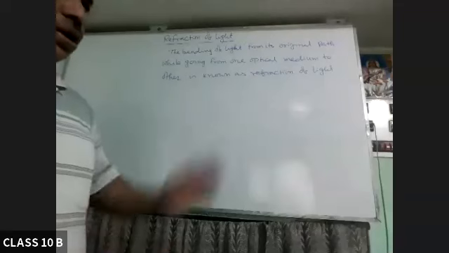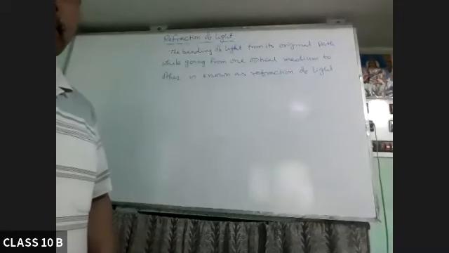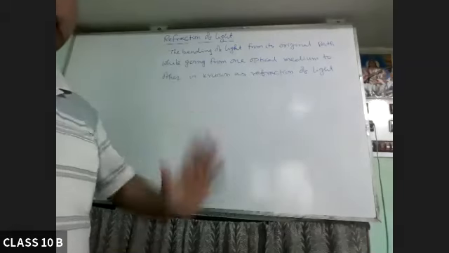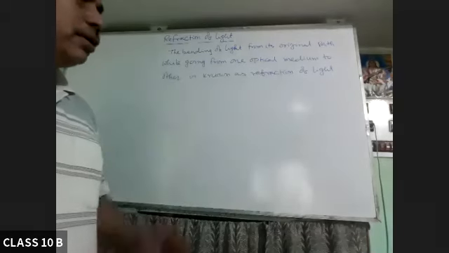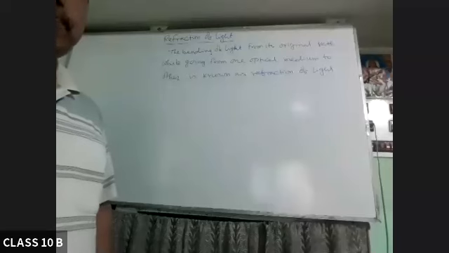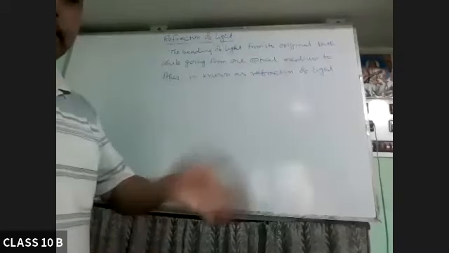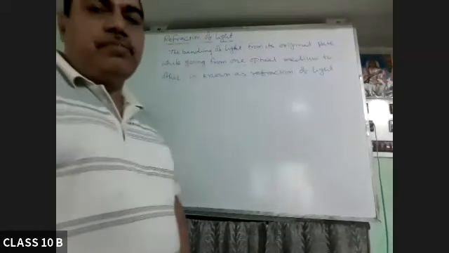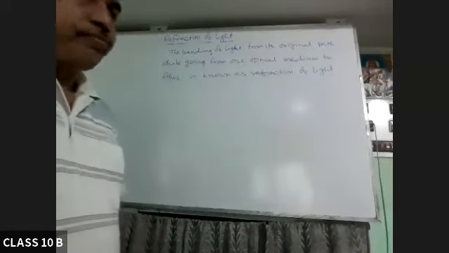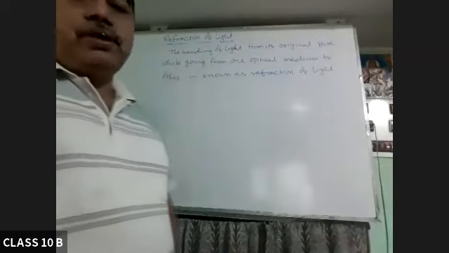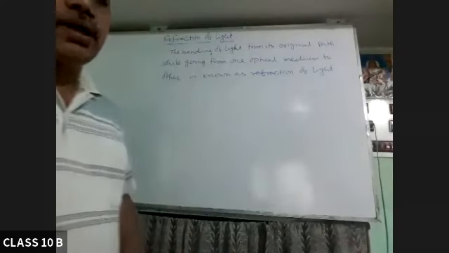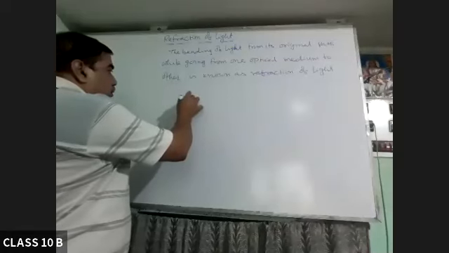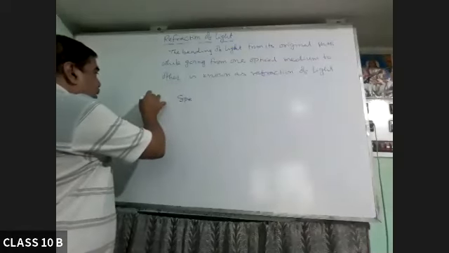So it takes the path through which it can cover that much in minimum time. So it will change the path so that it can cover that medium in minimum time. So the main reason is that the speed of light is different in different media.